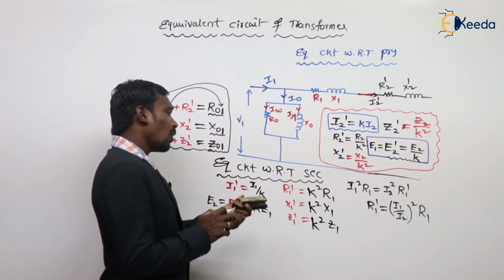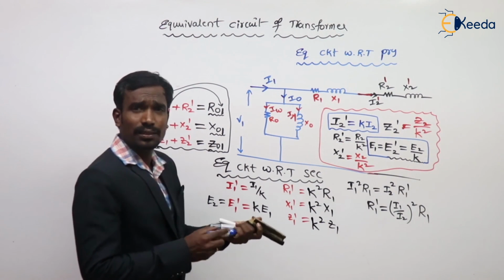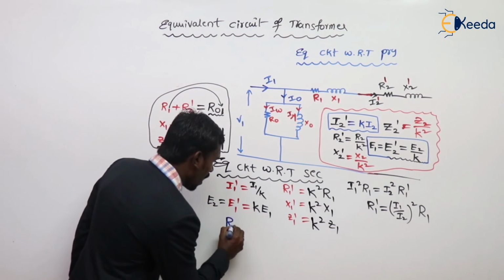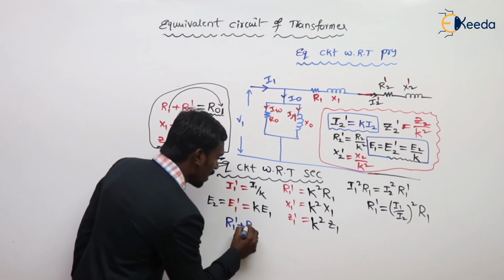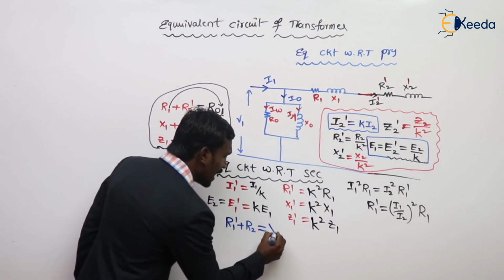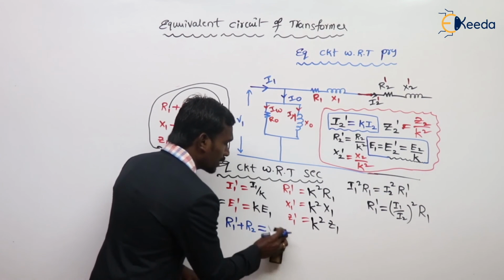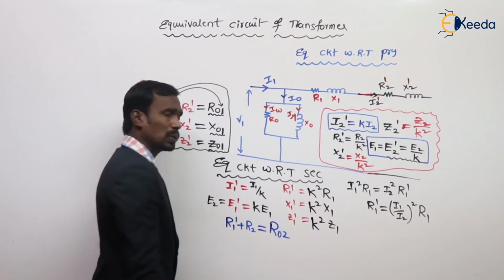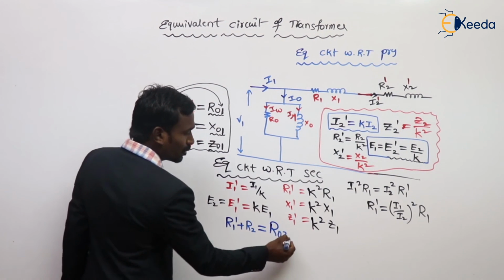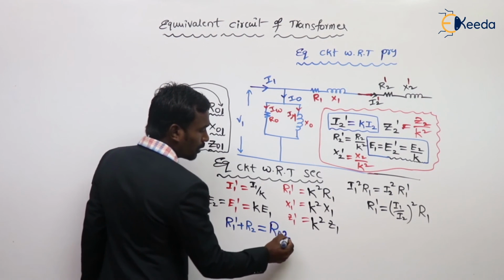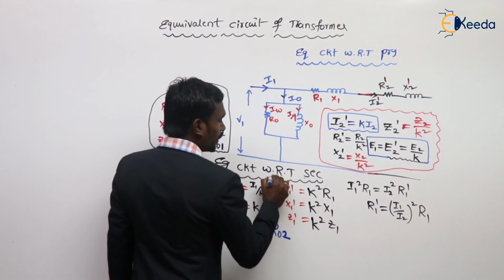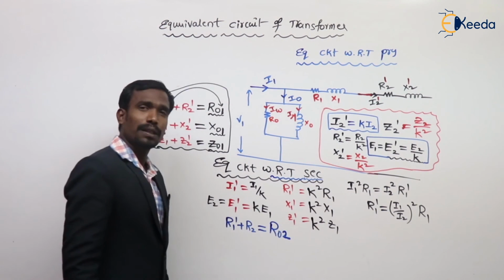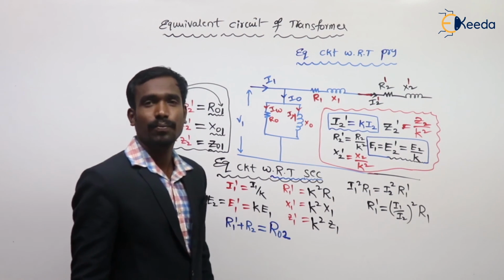Now, what is the total resistance? The total resistance is R1 dash plus R2, which can be written as R02. In R02, the 2 represents with respect to secondary.